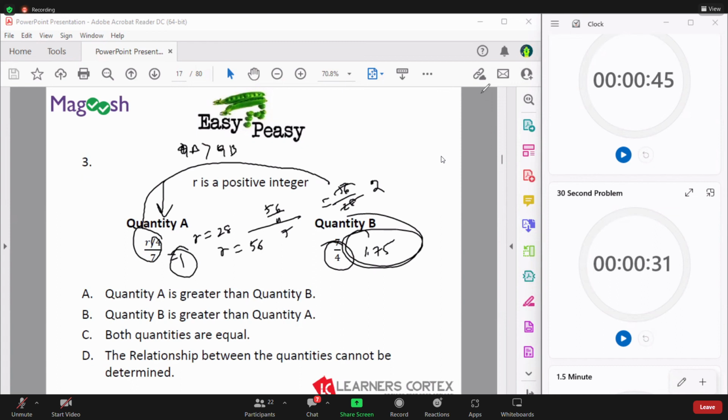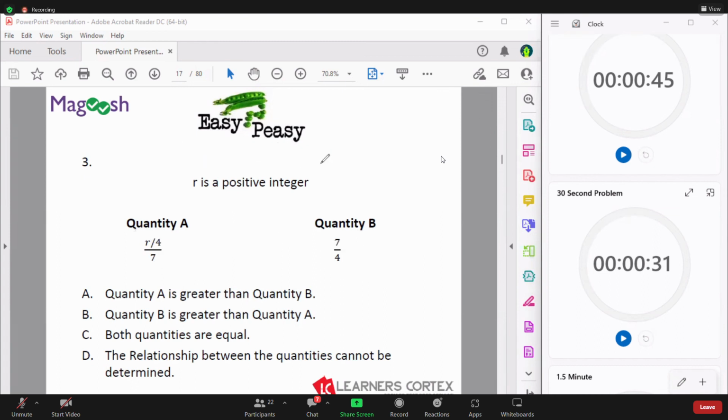There is also a possibility, like if we take the value of r as 49, then 49 over 28 is 7 upon 4. There is also a possibility that quantity A becomes equal to quantity B. Since there are different variations of possibilities, only D will be the correct answer. Okay.